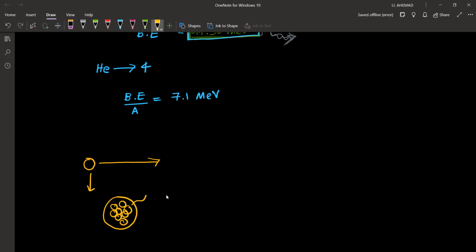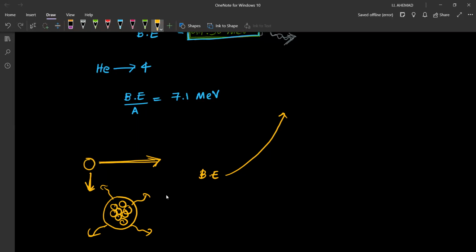During that, a lot of energy is released. So the binding energy released will keep on increasing when we go along the period or down the group. So it is hard to get a relationship among them.